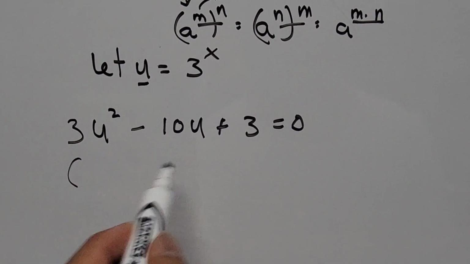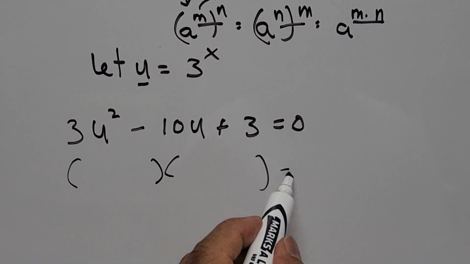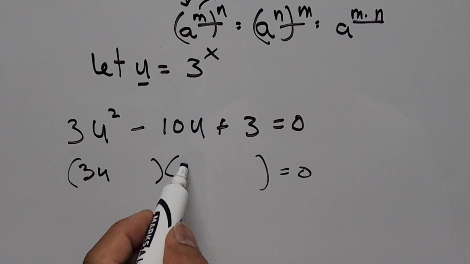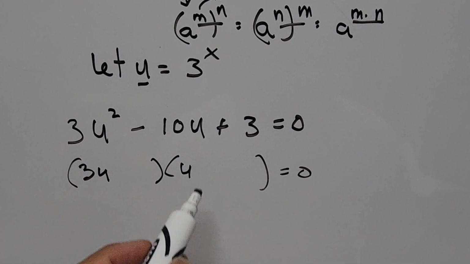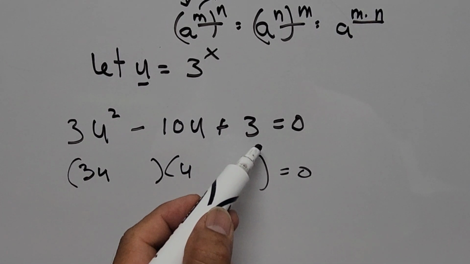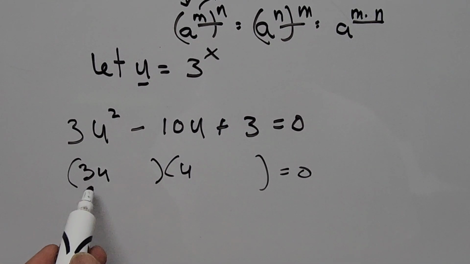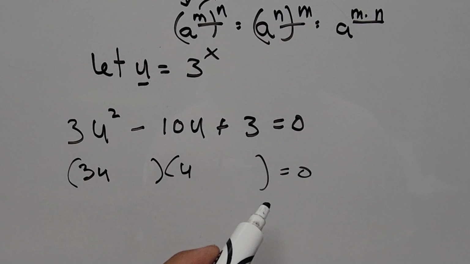So we have 3u squared, that is 3u from here, and u on the other side. And what are the factors of positive 3 that will add up to negative 10, since we have the coefficient of 3u right there? We have 3 and 1, right? Both negative.